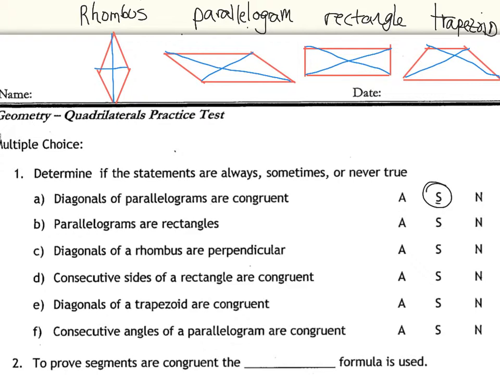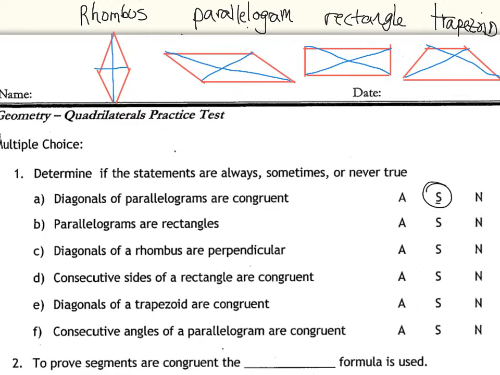The next one says, parallelograms are rectangles. Is that always true? Is it sometimes true, or is it never true? Well, in our family tree, the parallelograms are above the rhombuses and the rectangles.